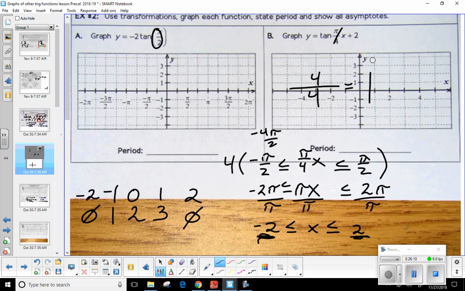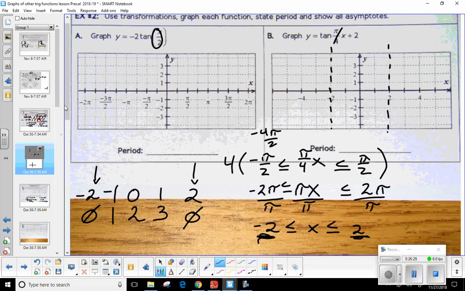Okay. So how many ordered pairs did I actually give myself? Okay, 3. Because what are the other 2? The other 2 are the asymptotes. In fact, I know that there's an asymptote at -2, and I know there's an asymptote at +2. And let's see, what's one ordered pair that I have?